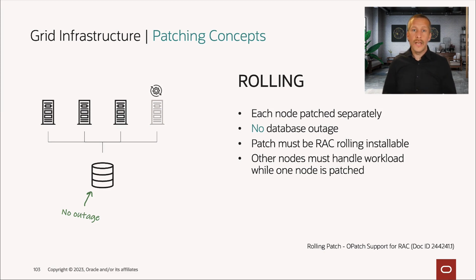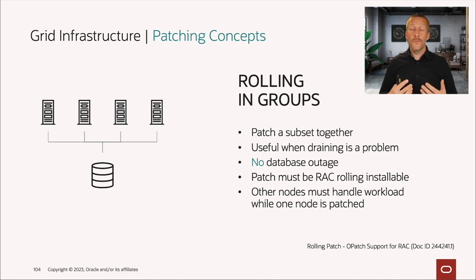There is no database outage. Like with the previous method, when you take down instances for maintenance, the other instances in your cluster must be able to handle the workload. So again, a cluster that is running at almost peak capacity, it can really hurt if you take out instances.